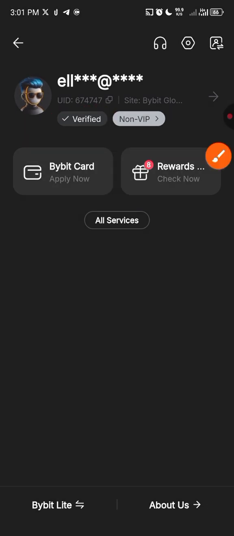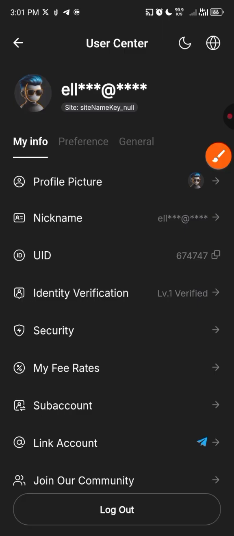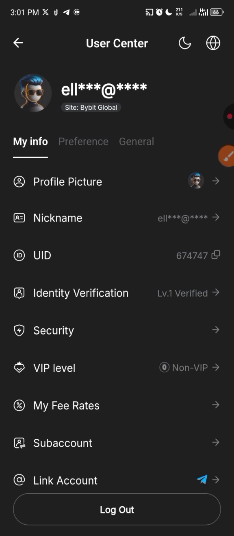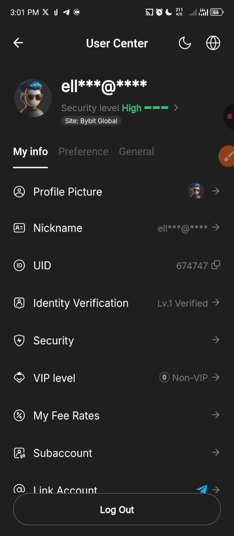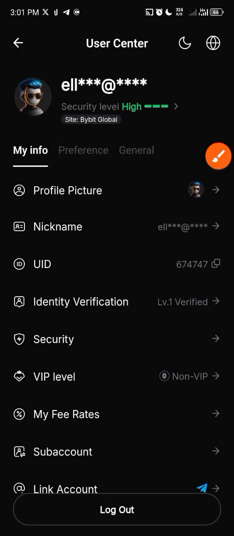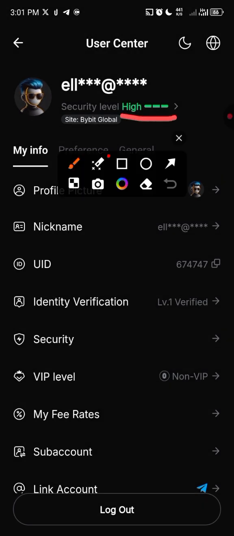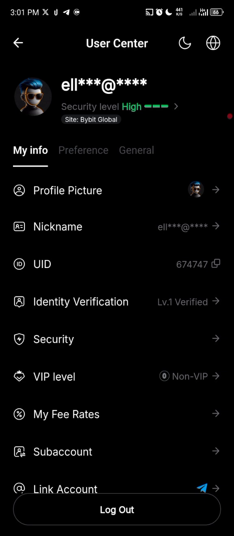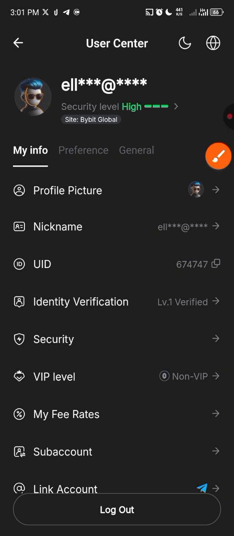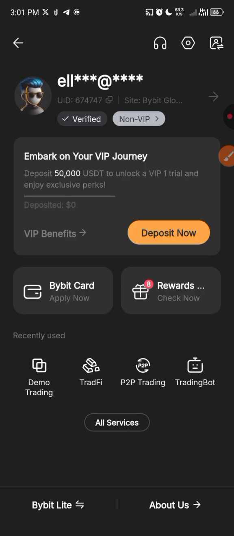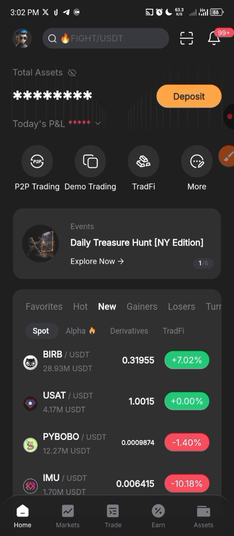If I click on this to open up my account, you can see all the details of my account, and also my account has very good security. The security is high, so make sure that your account is at least verified and on standard. You understand? That's one thing you must do first. If you don't do that, it will be difficult for you to trade forex or gold using the Bybit platform.